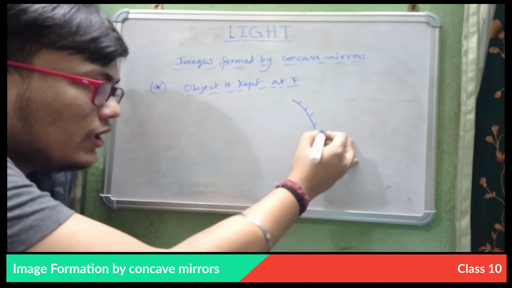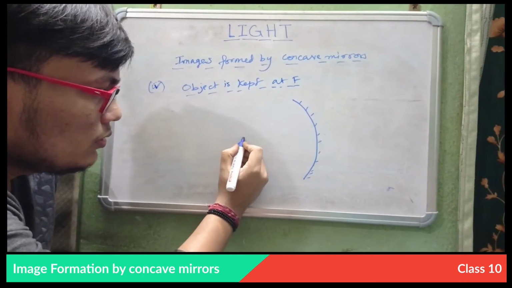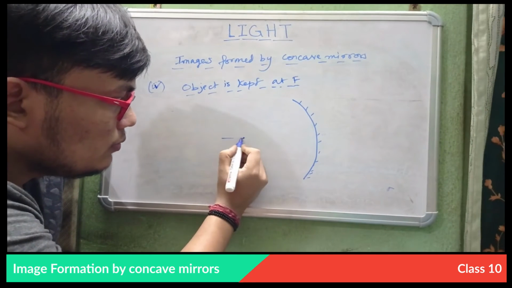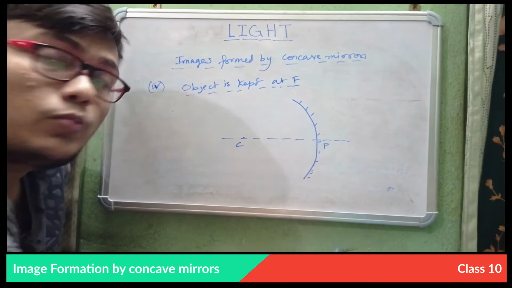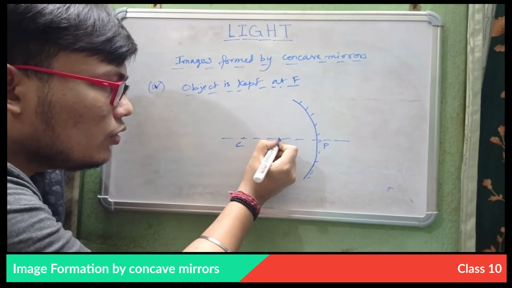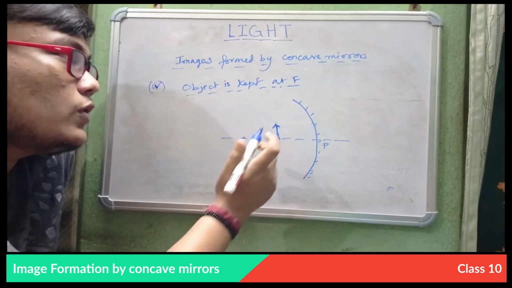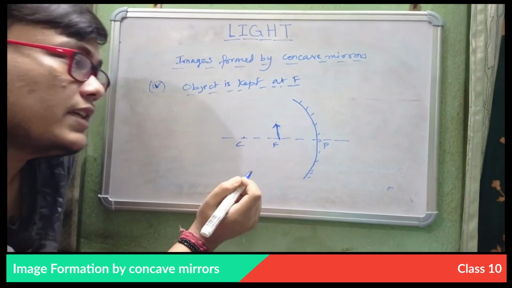This is your concave mirror, this is your pole, this becomes your focus. So the object is kept at focus.